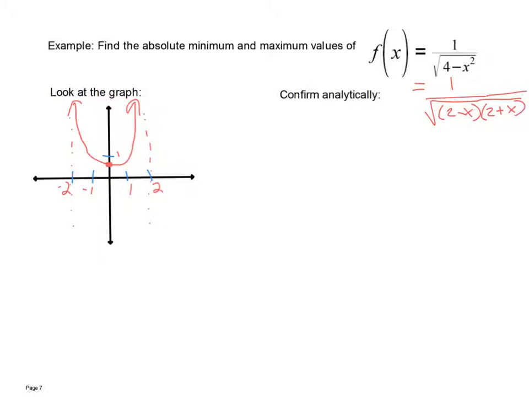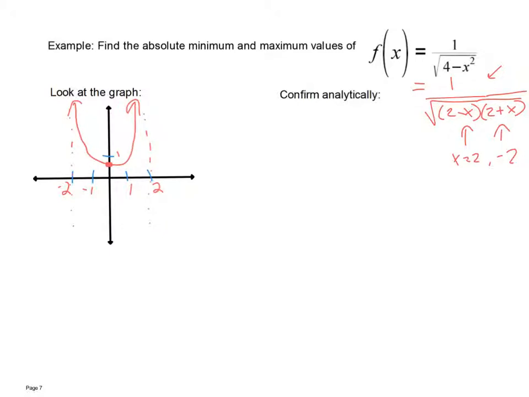And we know that if you have factors on the bottom that don't cancel on the top, those are vertical asymptotes. So I knew x equals 2 and negative 2 were vertical asymptotes, so I knew that it was getting closer and closer to that. So that's how I kind of knew that ahead of time.